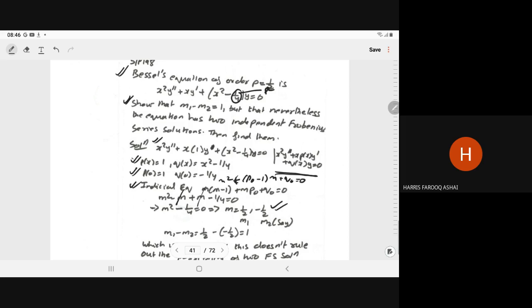Always for the bigger root, you have to say it is m1, and for the smaller root it is m2. So when we compute m1 minus m2, you will see it is a positive integer. So by theorem A, we have at least one Frobenius series solution for the bigger root.